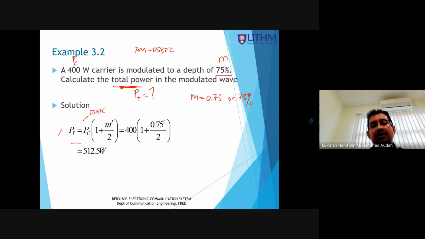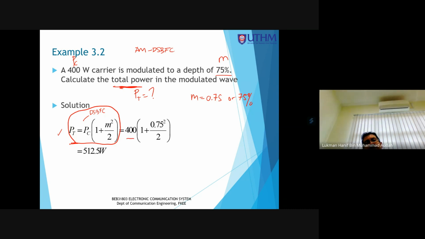Put in the values, PC equal to 400, M equal to 0.75. Be careful, class.